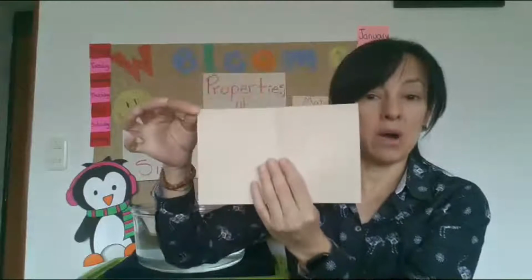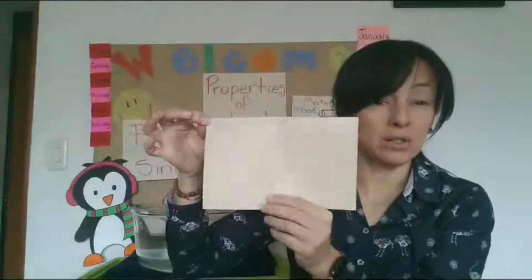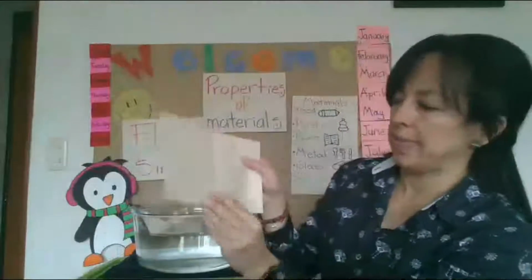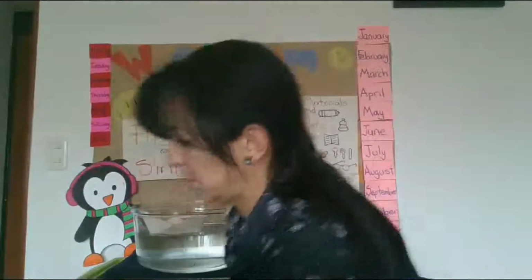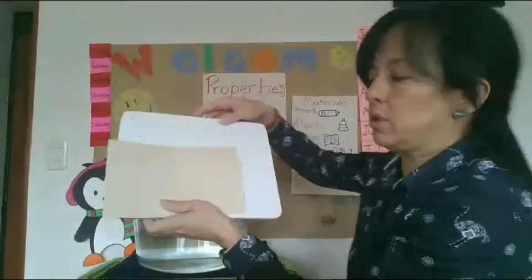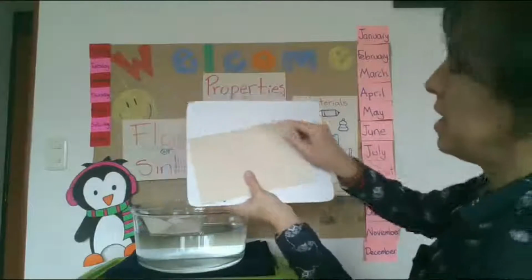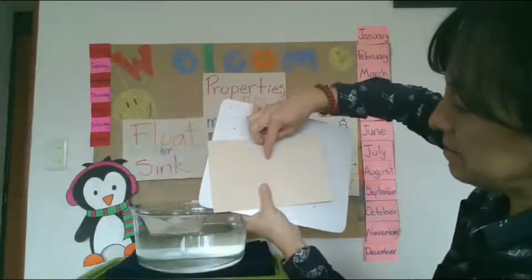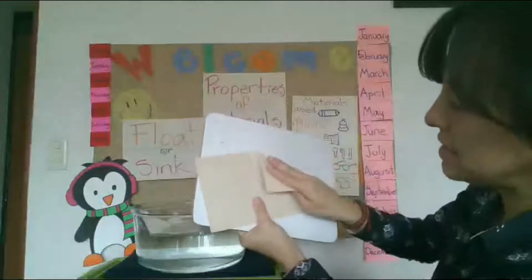Okay, so now I'm going to take these two corners and I'm going to fold. Pay attention how. Wait, I'm going to use my board. So I'm going to take my piece of paper and I'm going to fold the corner like this till the middle of the rectangle, like this.